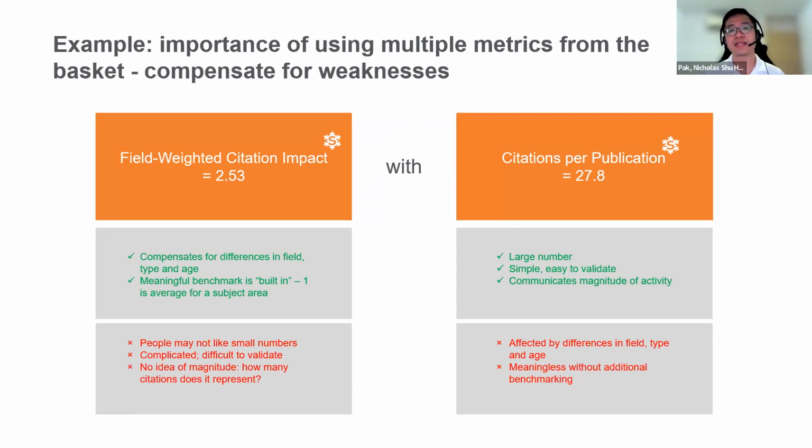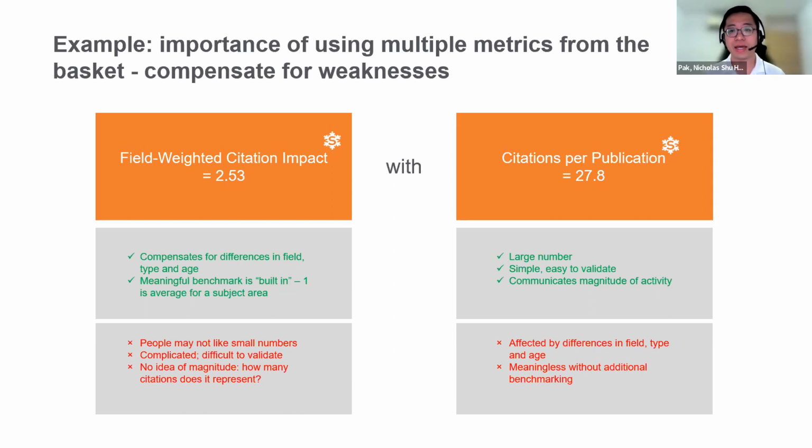What it does is compensate for differences in field, type, and age. It has a meaningful benchmark built in, where 1 is the global average for a subject area or topic. The cons of this approach is that people may not like small numbers. It may seem complicated and difficult to validate, and people don't have an idea of magnitude because you don't know how many citations it exactly represents.